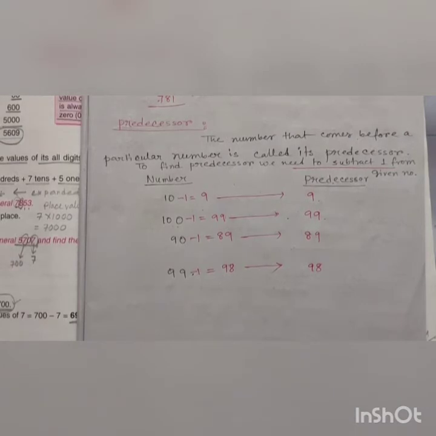The number that comes just before 2 is 1, so 1 is the predecessor of 2. This is how you can find the successor and predecessor of any number.